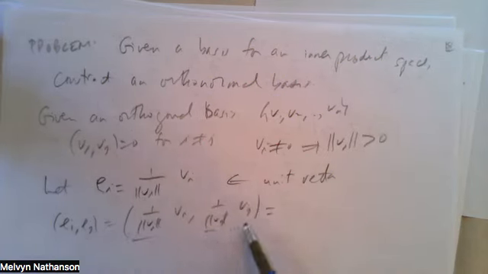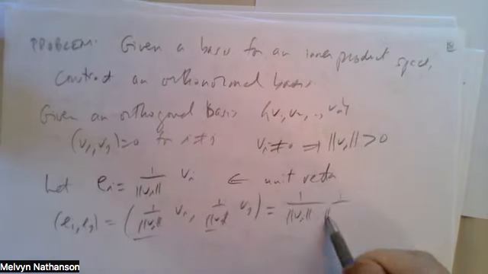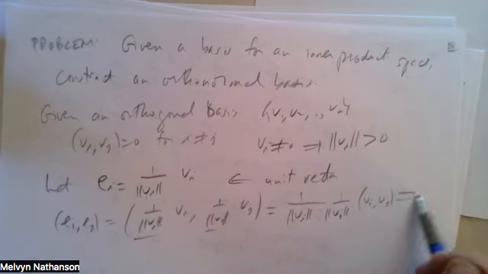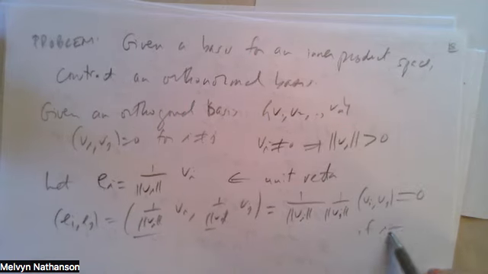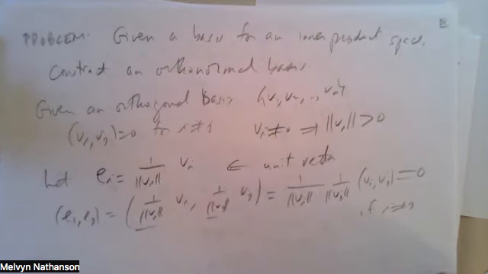I can factor these scalars outside of the inner product sign. This is 1 over the length of Vi, 1 over the length of Vj, times the inner product of Vi and Vj, and this is 0 if i is different from j. So given an orthogonal basis, you can easily construct an orthonormal basis by dividing each vector in the basis by its length.